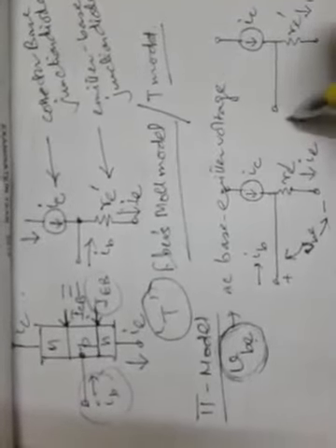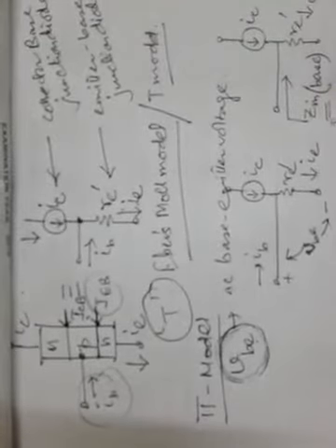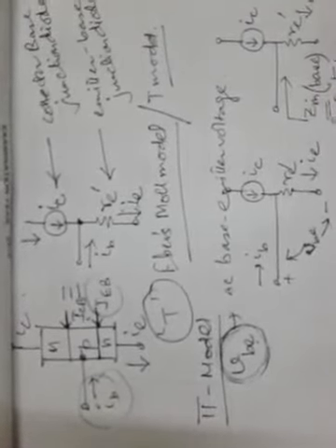This is IC, this is RE dashed, this is IE, and this is IE, and the input impedance looking from this base terminal is denoted by Zin, the input impedance of the base. That means by looking through this base terminal, the impedance that will be observed is represented by Zin. This is the input impedance of the BJT.